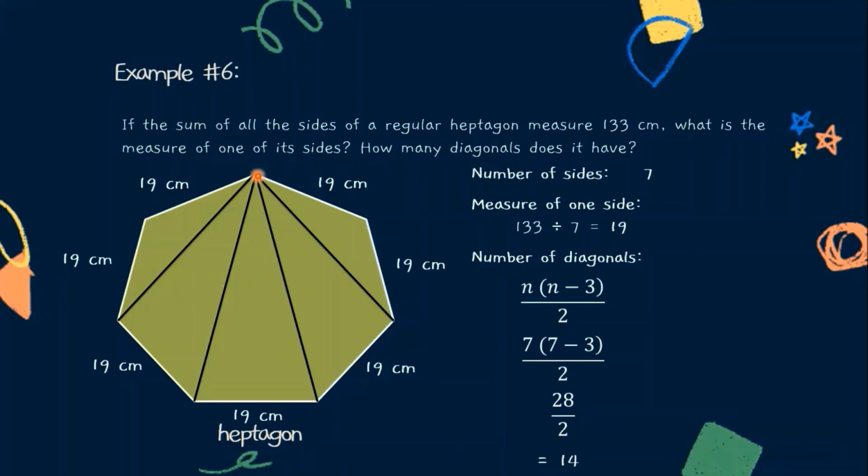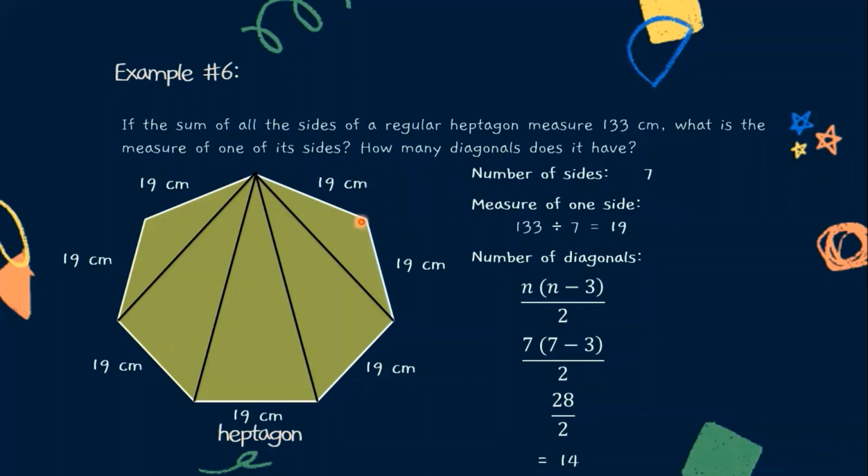Pipili ka lang ng isang vertex niya. Tapos, from that one specific vertex, tsaka ka lang mag-drawing ng diagonal. Hindi mo na kailangang i-drawing yung diagonal ng lahat kapag ang hinahanap mo ay number of triangles. Kaya for this heptagon, meron tayong 5 triangles. Pero for this word problem, ang hinahanap natin ay number of diagonals and not the number of triangles.